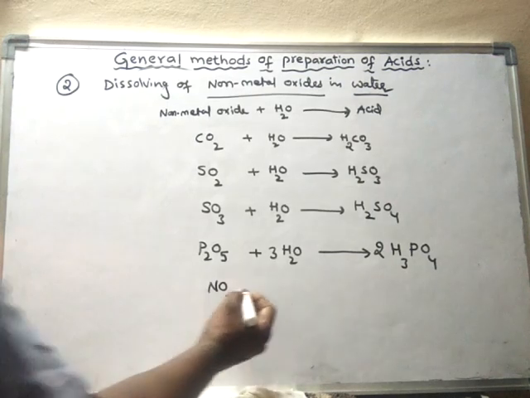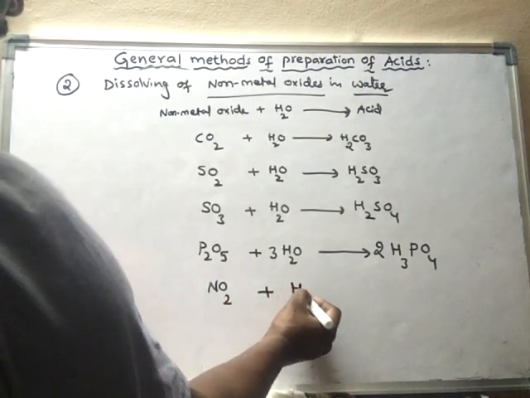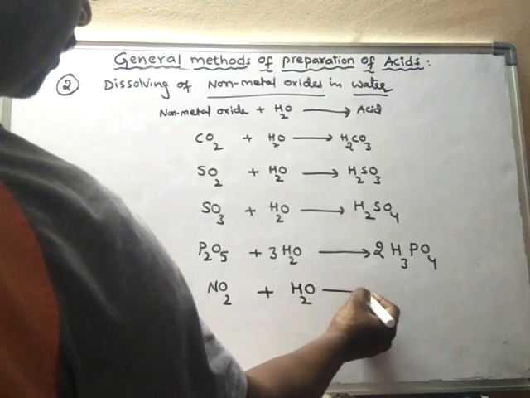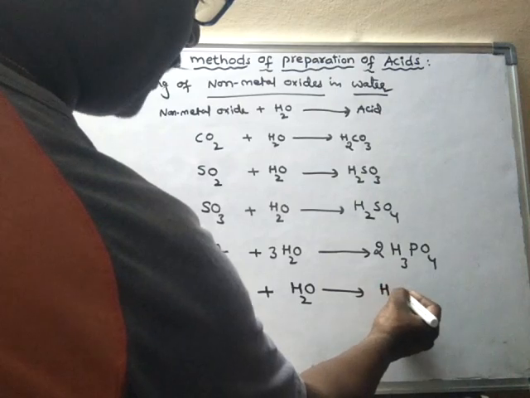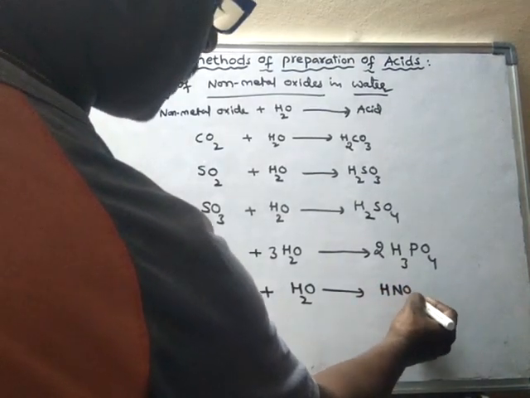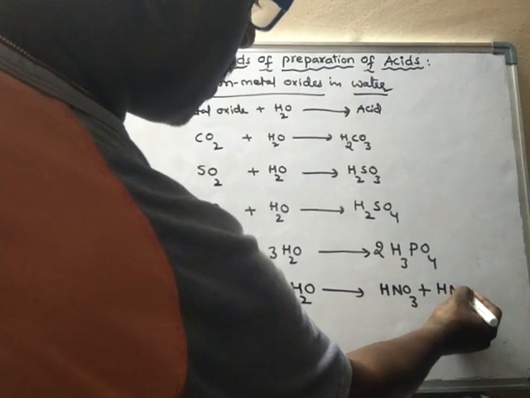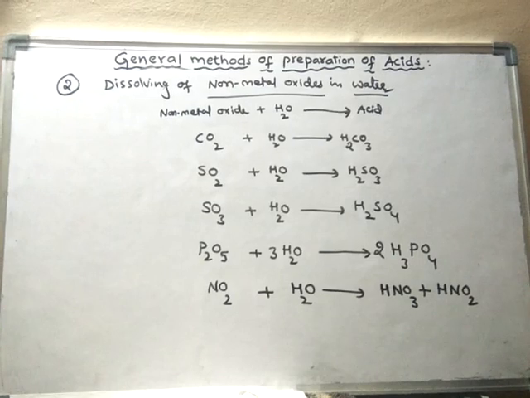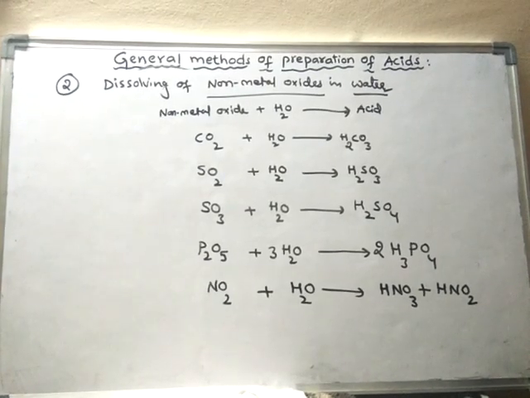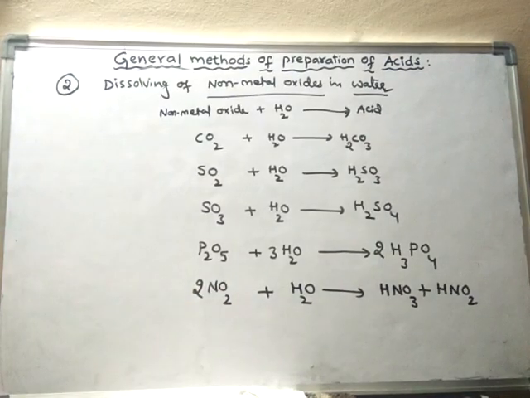When nitrogen dioxide, the reddish brown colored gas, is dissolved in water, it produces a mixture of two acids, nitric acid and nitrous acid. A mixture of nitric acid and nitrous acid is formed when nitrogen dioxide is dissolved in water.